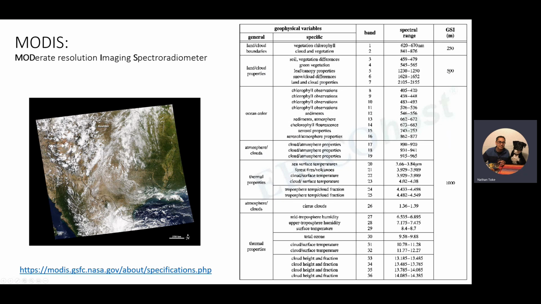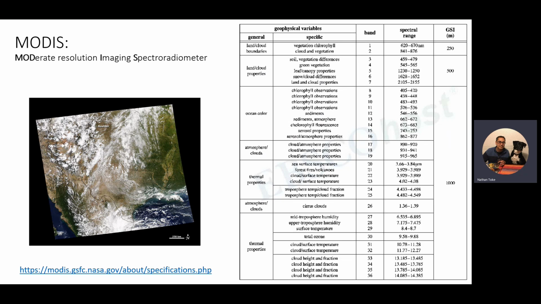Land and cloud properties are at 500-meter pixels, and thermal properties and these other ones are at 1-kilometer pixels. At such a big pixel area, we can cover the Earth very rapidly over a bunch of flight paths and get high rates of return on the imagery. So we can track storm systems moving across the Earth, which is quite cool.